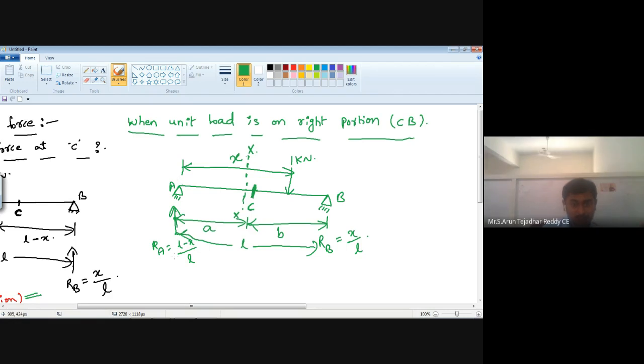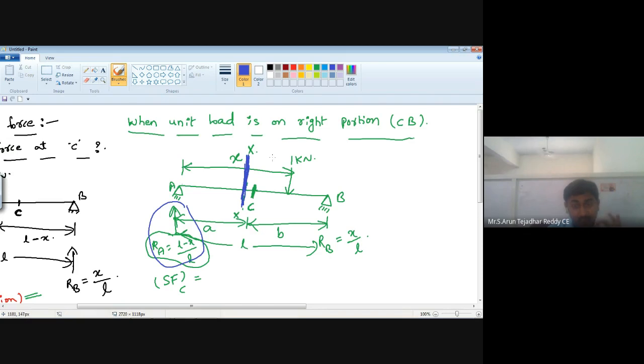Now in this left portion, what forces are acting, what loads are acting, what reactions are acting? That is important. If you observe clearly, in the XX section we have only one reaction, RA, and we don't have any other forces.